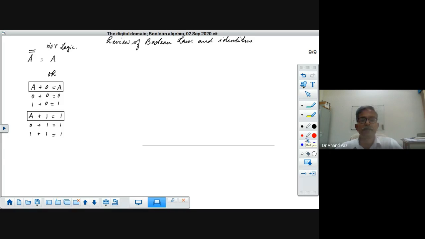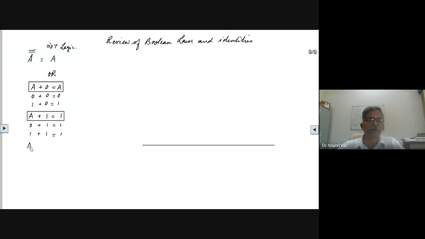Similarly, you can take another Boolean identity. You may consider A or A. This is not your normal algebra. This is Boolean algebra. So here, what is it going to be?